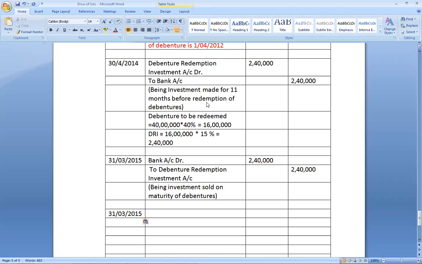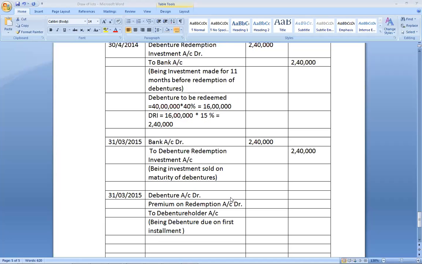It has a credit balance, but it will come on the debit side. Premium on redemption is a liability which has a credit balance, but it will be passed on the debit side. The debenture holder is waiting, so he's a creditor. He's waiting to receive money from the company, so he will be credited to the debenture holder account on the credit side.